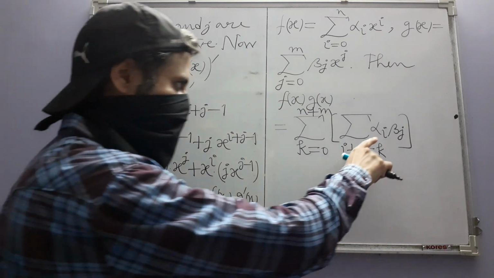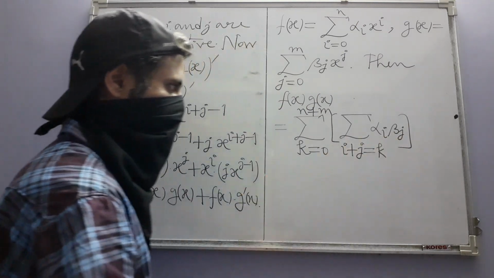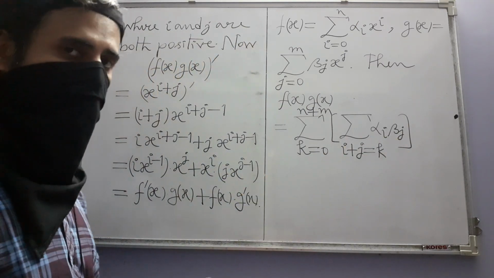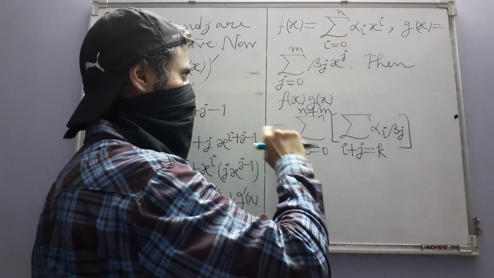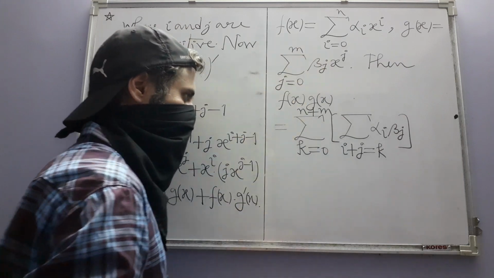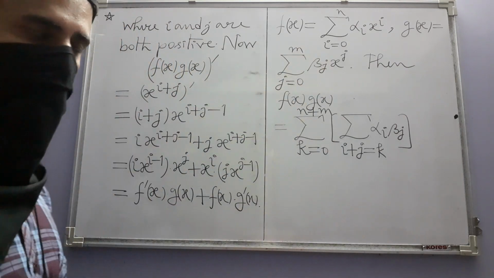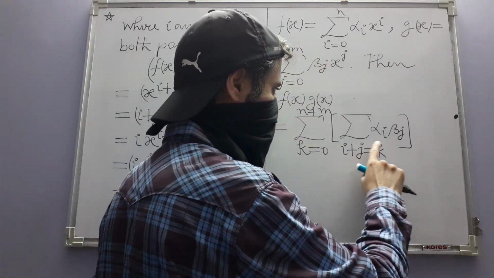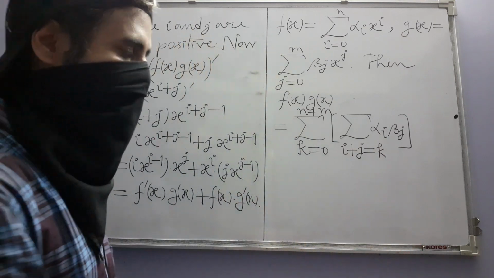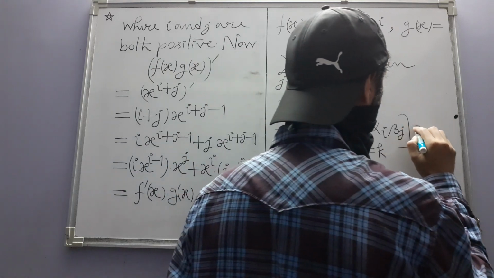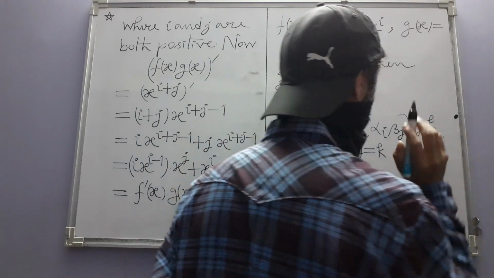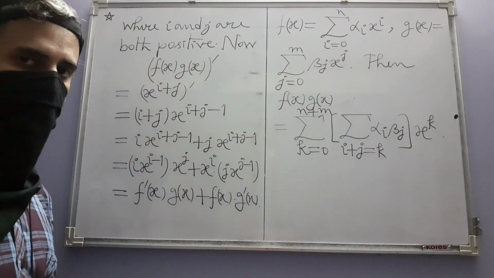So all the possible i's and all the possible j's, because i can take the values from 0 through n and j can take the values from 0 through m. With that restriction, you have to collect those pairs i and j where the sum is k, times x to the power k.